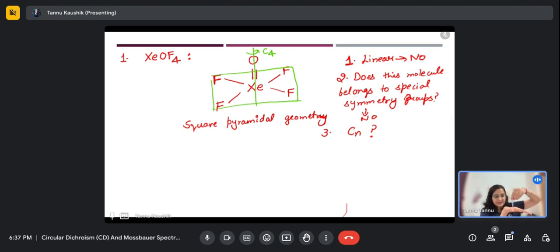So it looks like this: here we have one fluorine, two fluorines towards you, and two fluorines away from the observer, and this double bond O is perpendicular to this plane. Let me represent it like this.